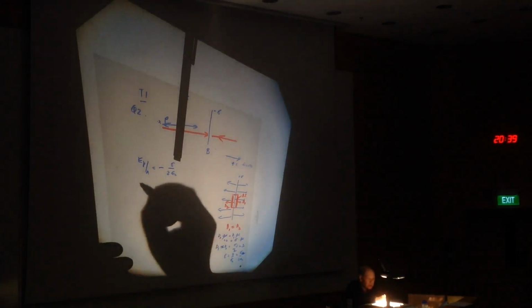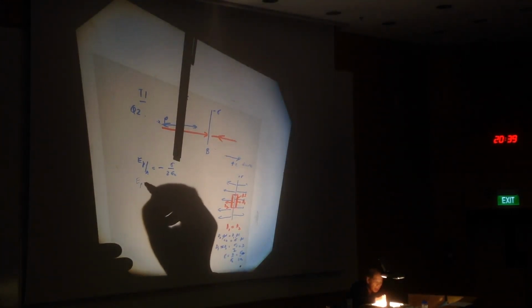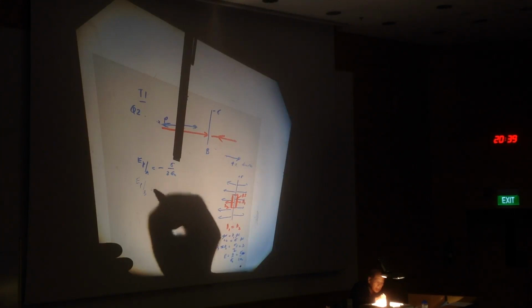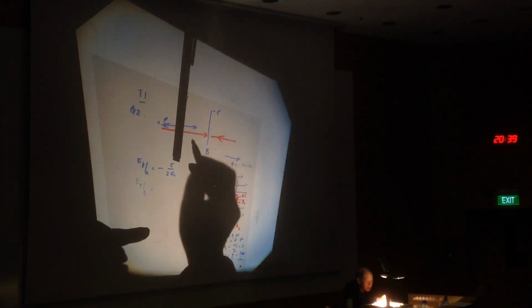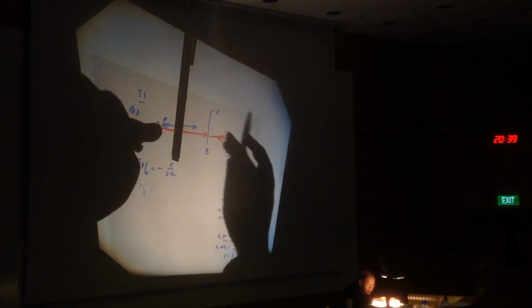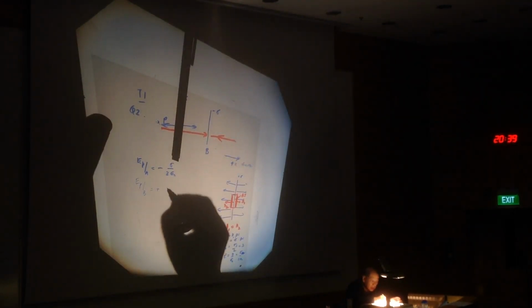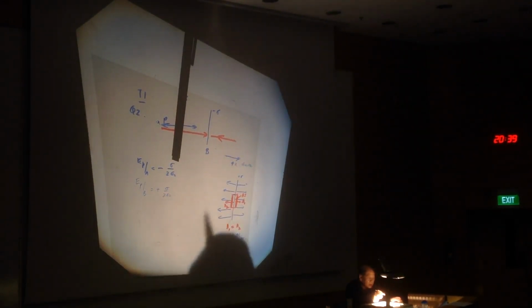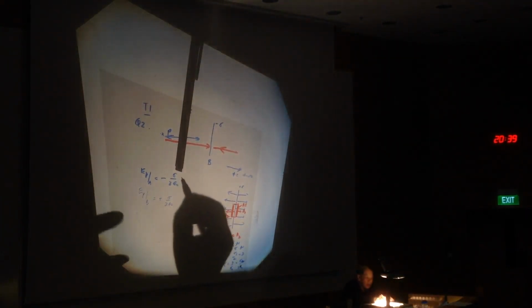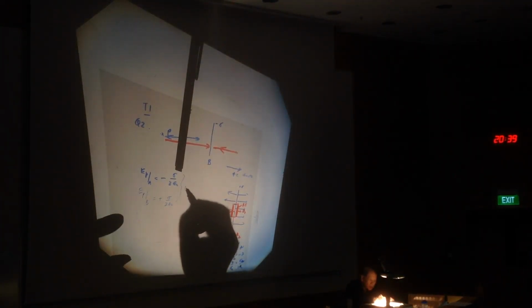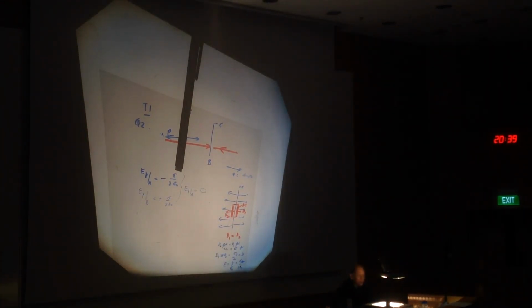So therefore, EP due to B is given by, at this point, this goes to the right, it passes to here. This has got nothing to do with it, it's on this side. It is plus sigma upon 2 epsilon naught. Combine together, 0. EP at A, 0. Cancel out, right? Because this is by positive.